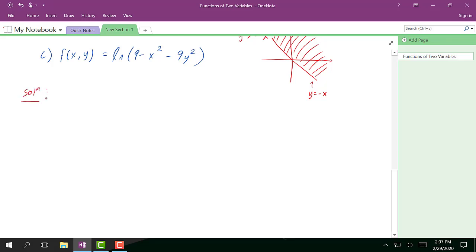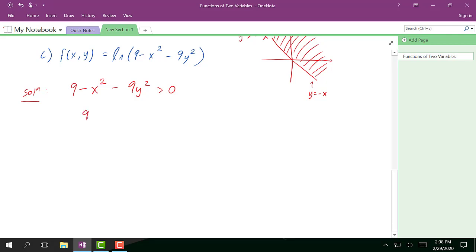Our solution is going to start by looking at the fact that 9 minus x squared minus 9y squared has to be greater than 0. So this is going to be strictly greater than, not greater than or equal to. And so again, this is where you start, and then from here we're trying to get some equation of some region that we know and can sketch in two-dimensional space in the xy plane. From here, I like all my x's and y's to be positive. So what I'm going to do is add them to the other side.